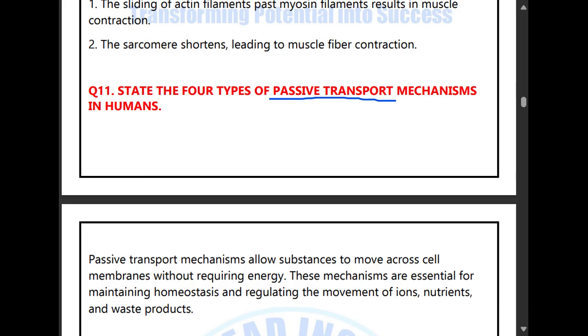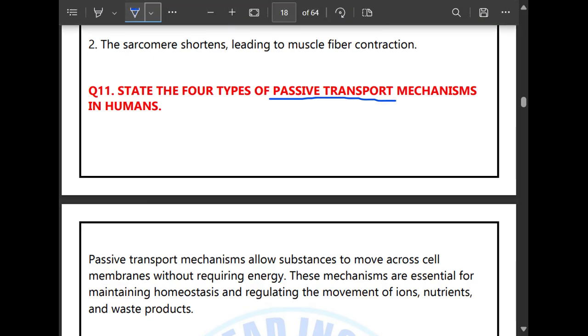The key here is passive transport. I just want someone to give us the four types of passive transport mechanisms in humans. You can type, or you can unmute and speak, or you can raise your hand if you want to speak.